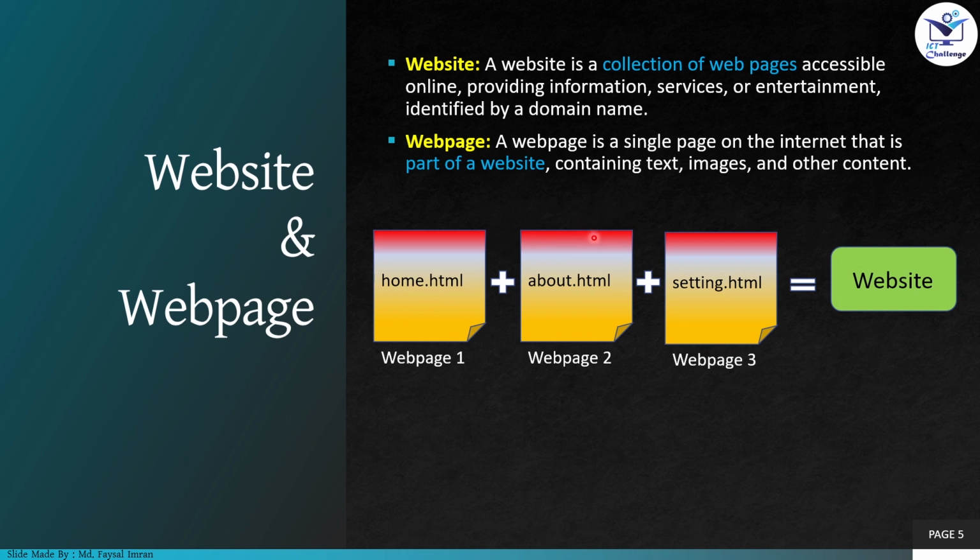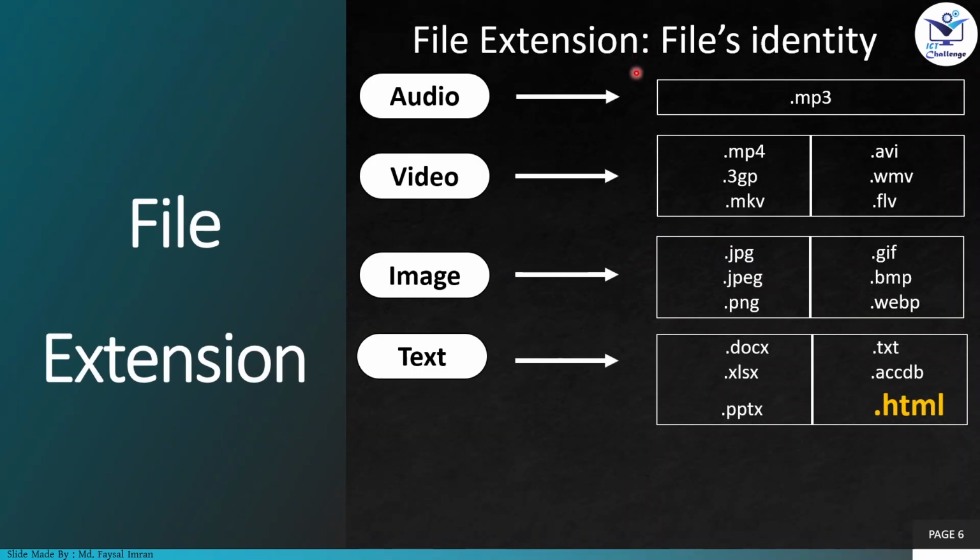Now our next topic is what a file is, because a web page contains many kinds of files. A file is identified by its extension. A file contains many kinds of data. We have many kinds of files inside our device: audio files, video files, image files, or text files. Every file has its identity, and the file extension indicates that identity.